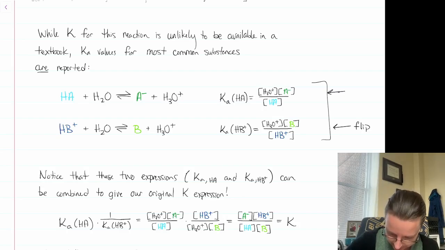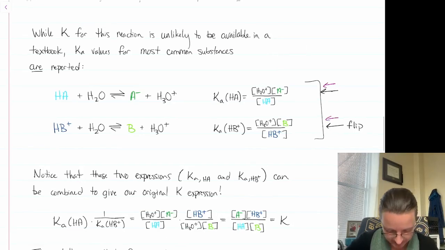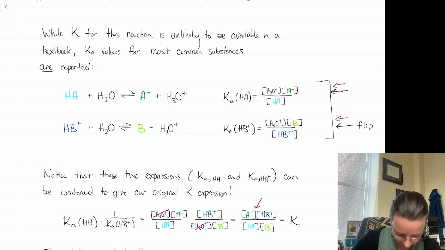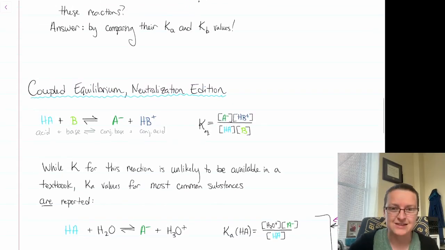And I just want everyone to see that if I plug in the two different expressions that I have, here's Ka for our acid, here's Ka for the conjugate acid of the base we started with, then our H3O+'s are going to cancel out beautifully. We'll be left with this expression shown here, and lo and behold, that is exactly equal to this K equilibrium value that we were trying to get to.